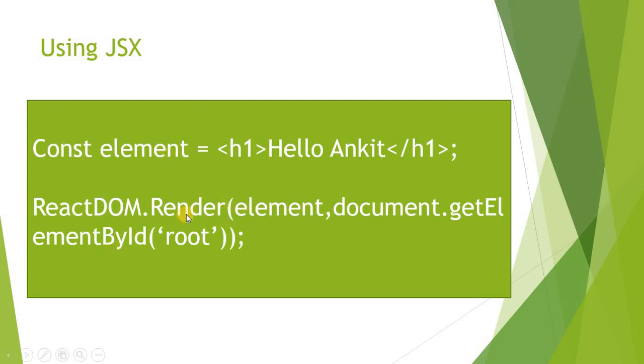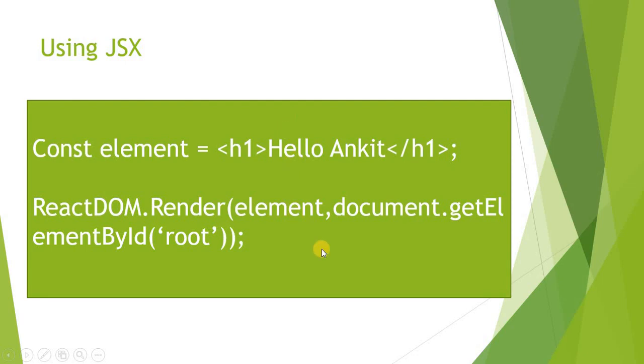The render method is used to display or render the element in your HTML page. The first parameter is the element which you want to display, and the second parameter is the container element in which you want to display it. It means the first parameter is what you want to display, and the second parameter is where you want to display your element.